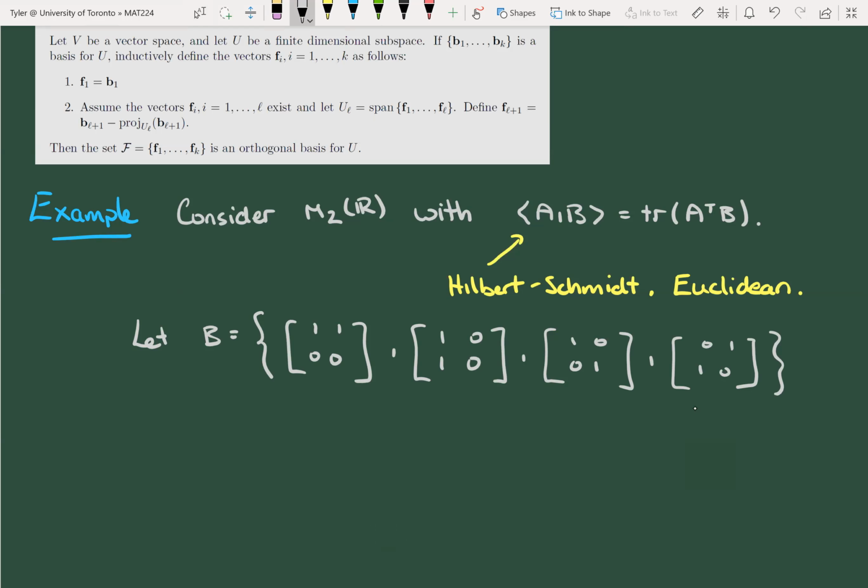You can check this is not orthogonal. If you took any two of these and plugged them into that inner product, you're not going to get zero. And we're going to use this to find an orthogonal basis.